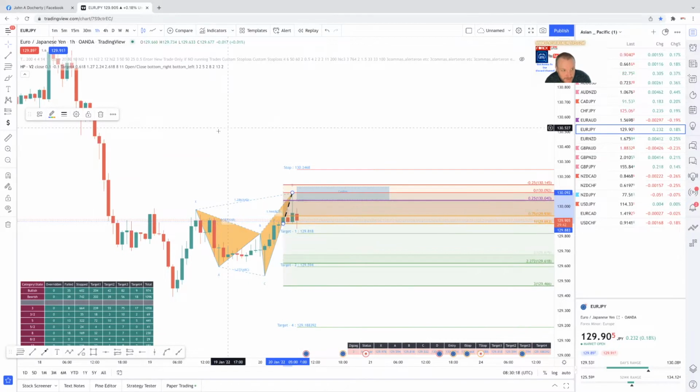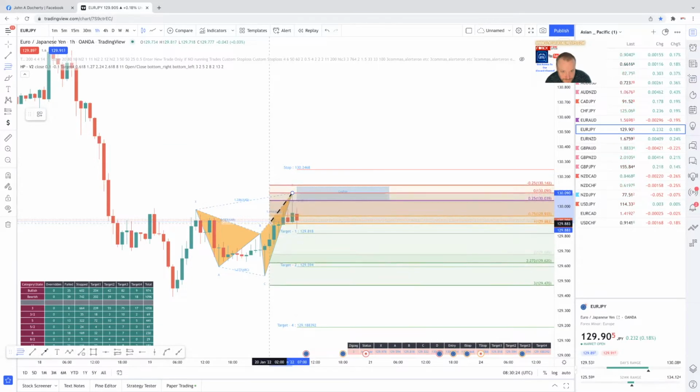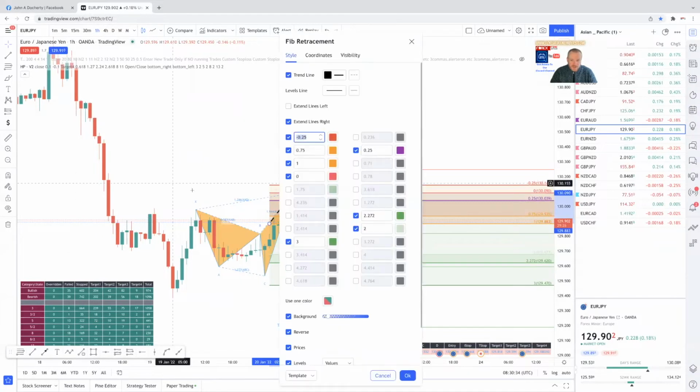Now you'll see on here we've got some fib ratios. Let me get that back on. I do apologize. We do have ones in here that you possibly won't use, but I used to have them in the old group I used to do, that I devised a strategy for.